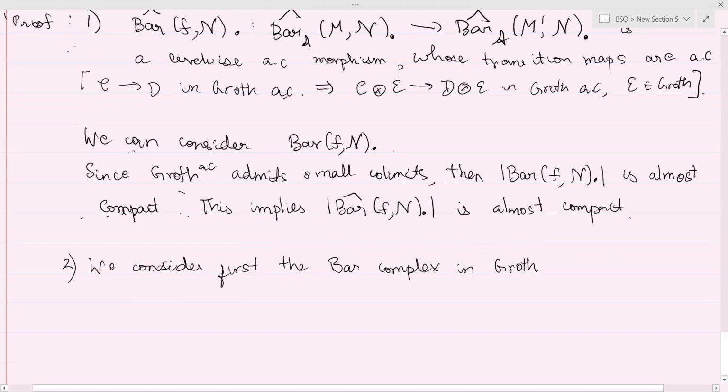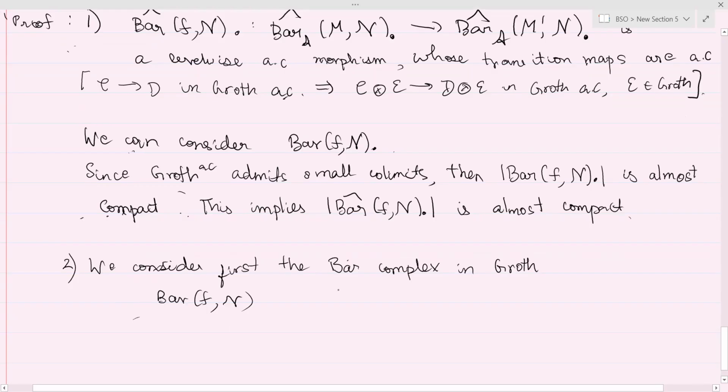Right, and so now bar Fn. So recall that in the second part we assume now that F is left exact but not almost compact.